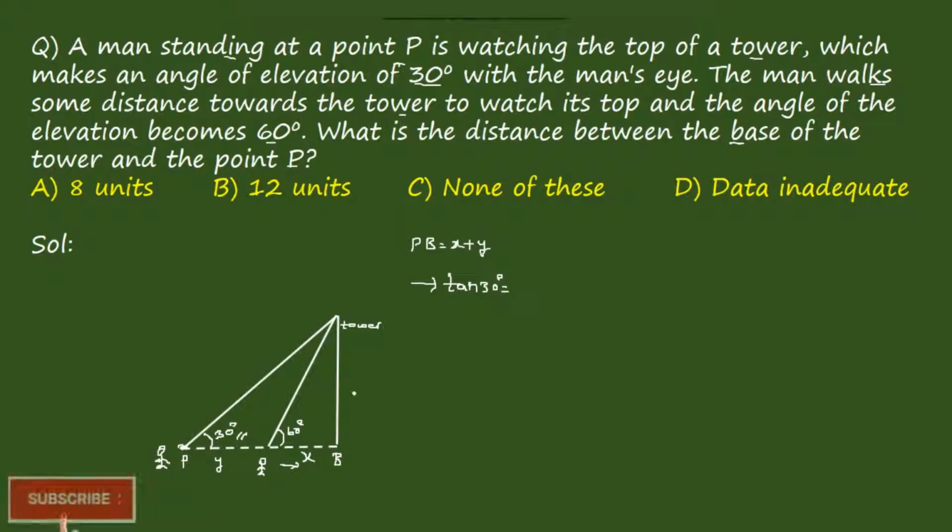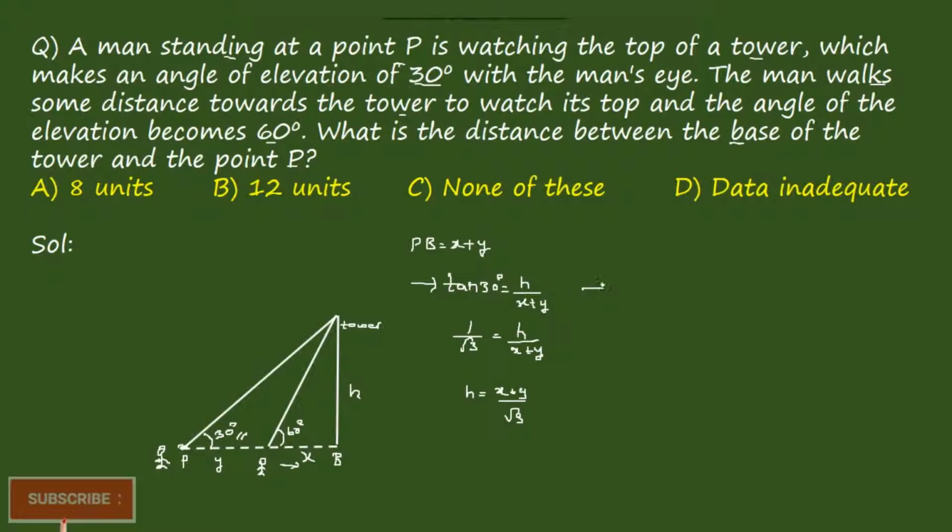If the height of the tower is H, then it becomes H by the total distance from P to B, which is x plus y. Tan 30 is 1 by root 3, which is equal to H by x plus y. Then we get H is equal to x plus y by root 3.